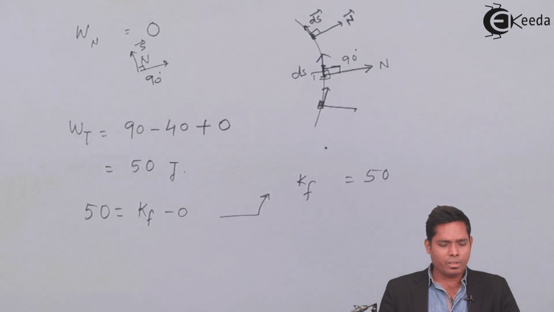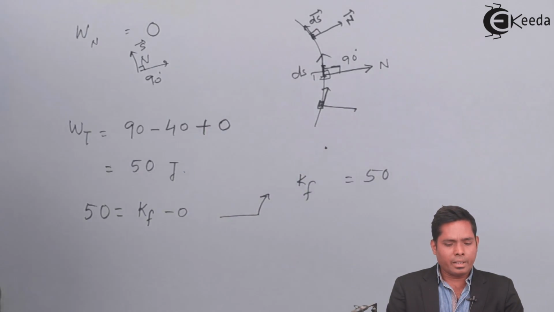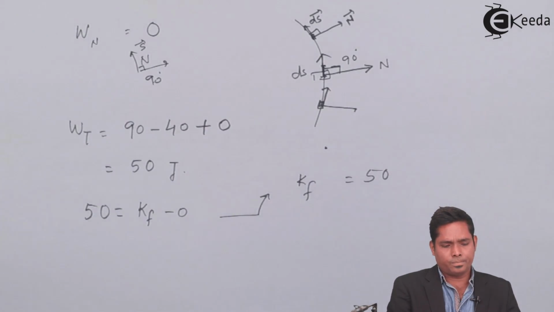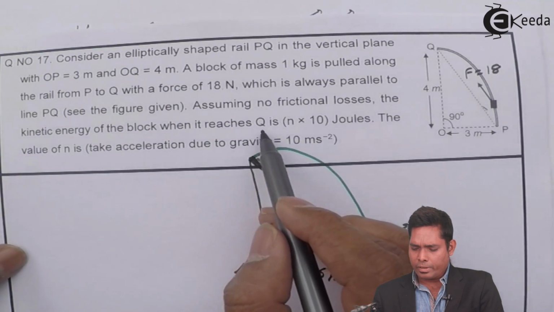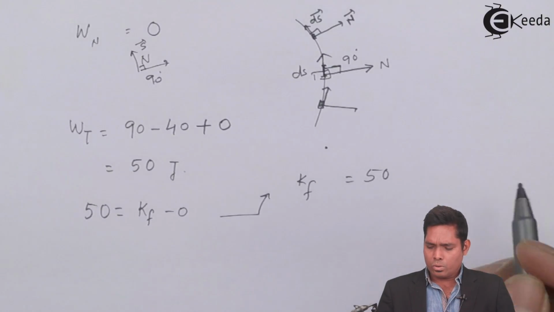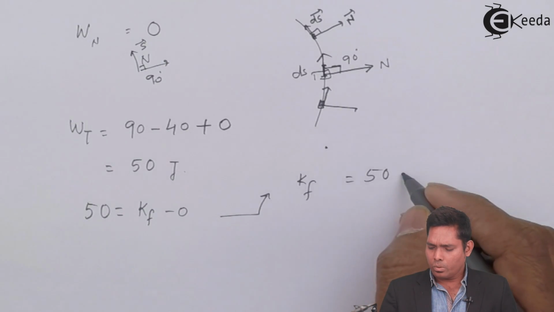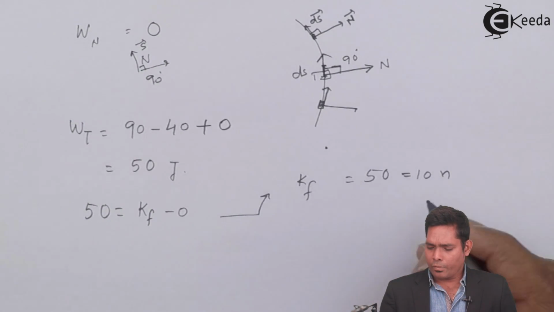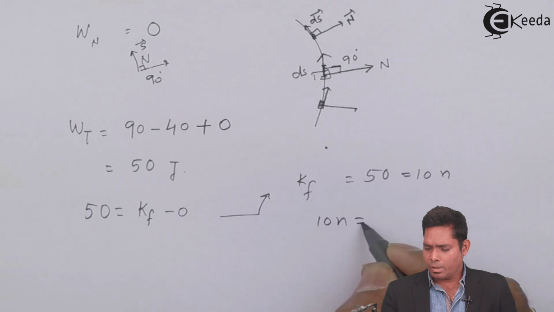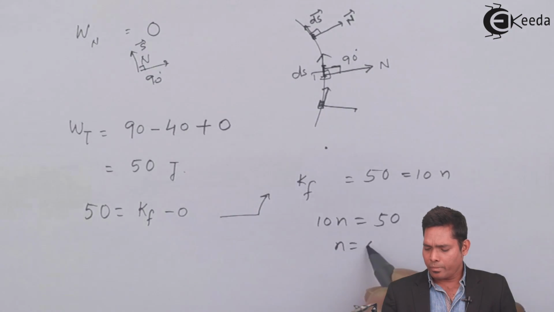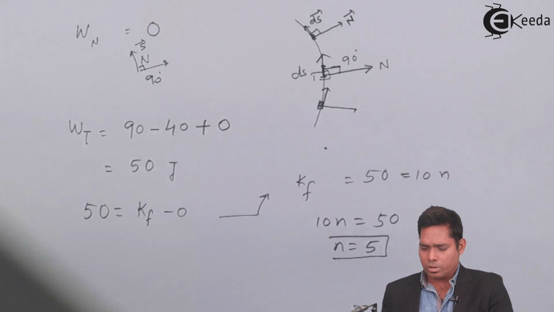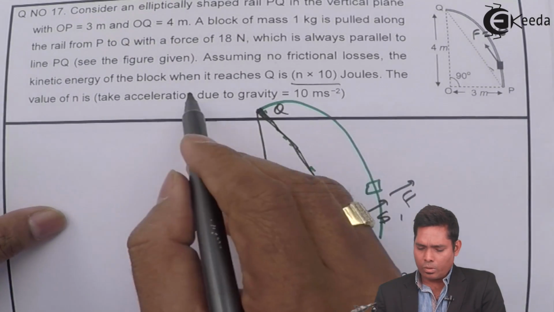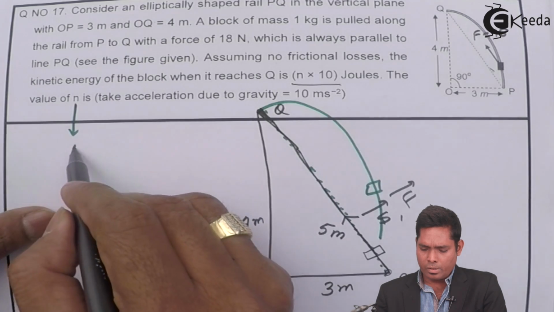But the question says the kinetic energy when it reaches Q is 10n. So 50 joule is equal to 10n. If I solve that, 10n is 50, so n becomes 5. This is the answer to this question: the value of n will be 5.